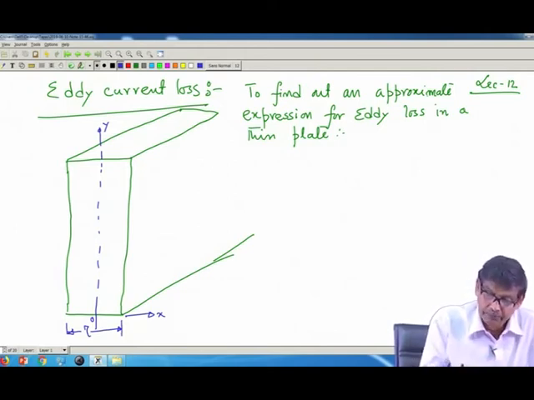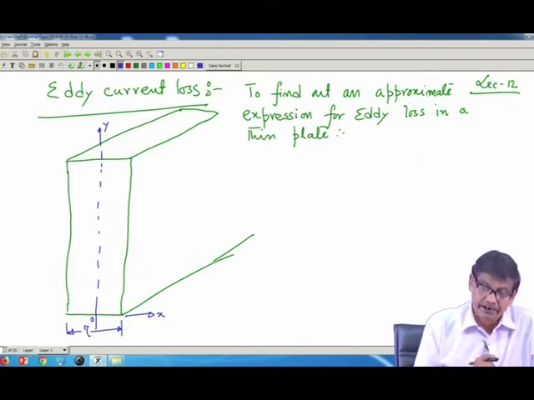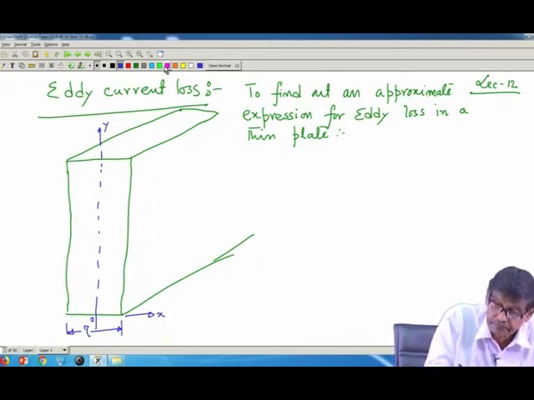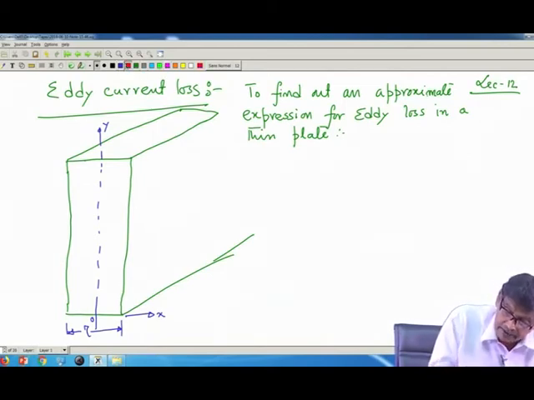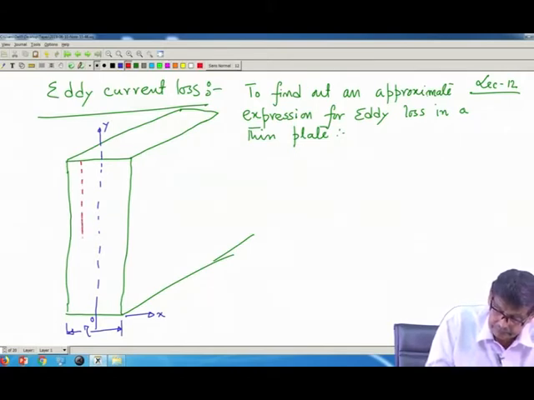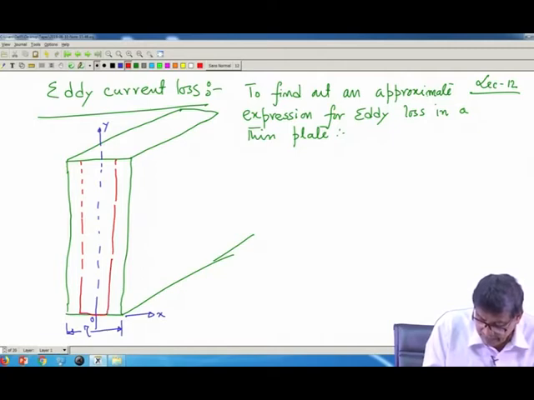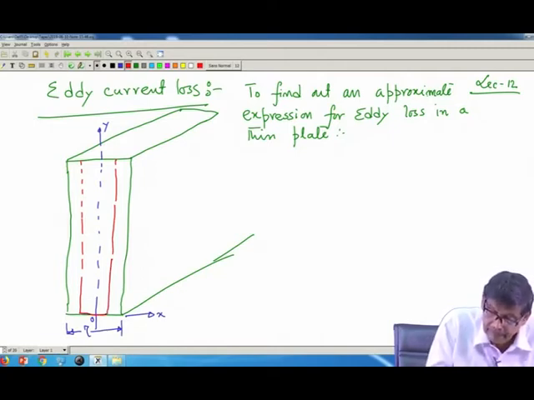Now, I have to find out an approximate expression of eddy current loss. To find that out, what I will do is this. I will consider, at a distance x from the origin, a loop like this.